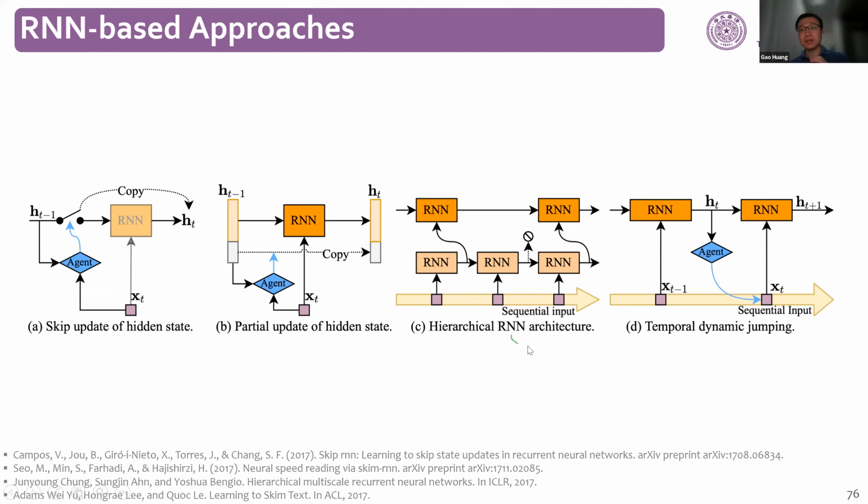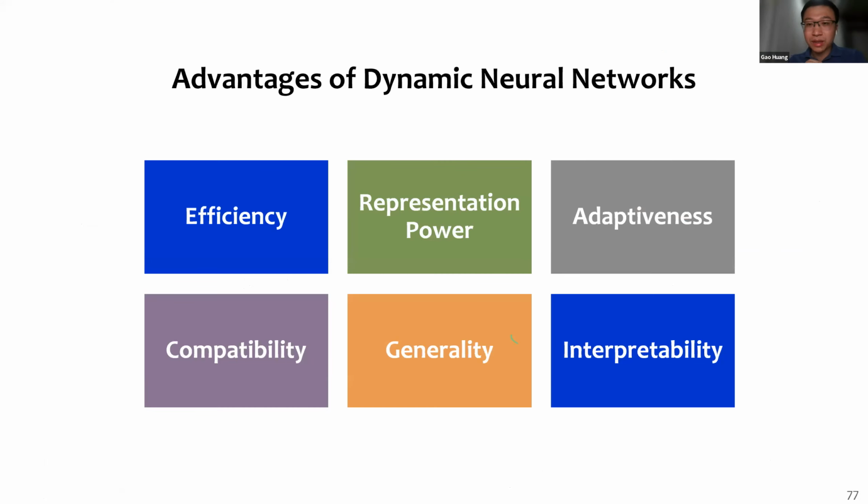So to summarize, there are many advantages of dynamic networks. First is computational efficiency. And then it has high representation power because the network can be conditioned on the input. That's why transformers, which are based on dynamic parameters, are basically also a dynamic parameter network.